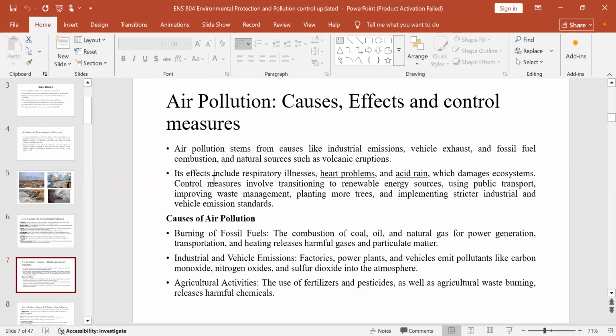All machines use fossil fuels, except those that are now using solar energy. And also, when you have volcanic eruption, you have a lot of gaseous effluents being discharged.